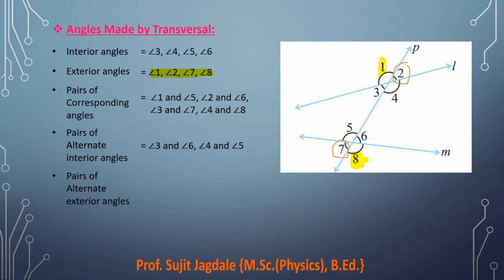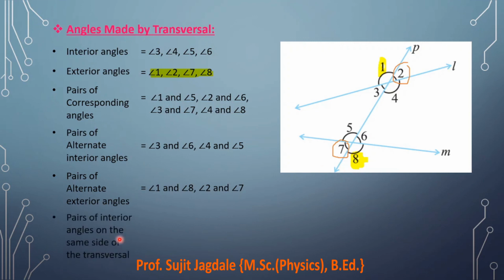You can see left, right, and here right, left, again above, below, so they are alternate. Their positions are alternate. If they are interior, then it is an alternate interior angle, and if they are present outside, then it is an alternate exterior angle.